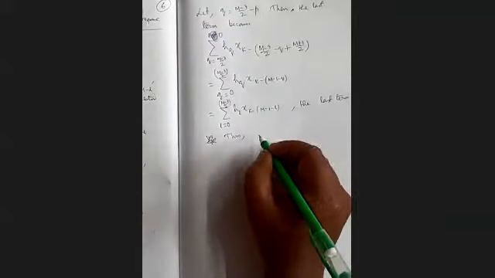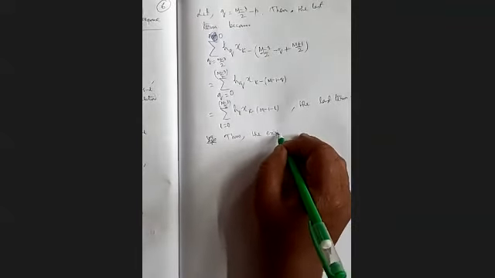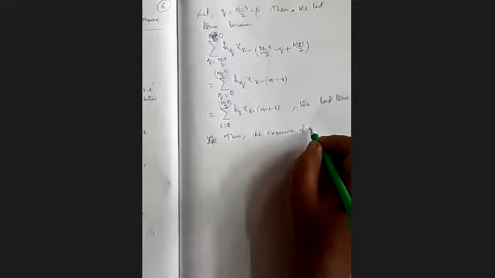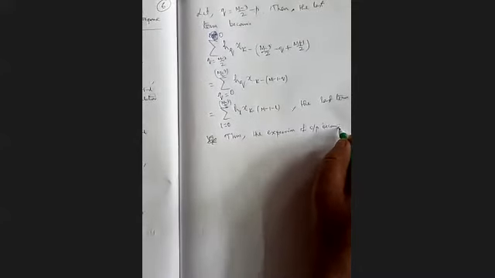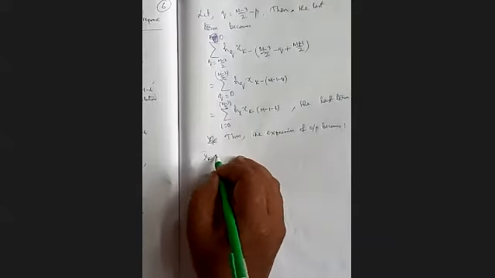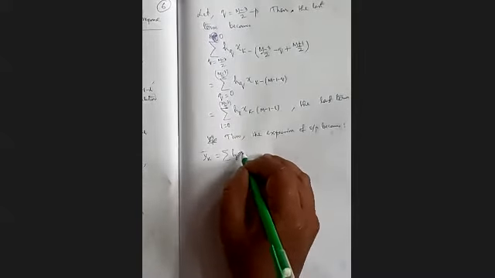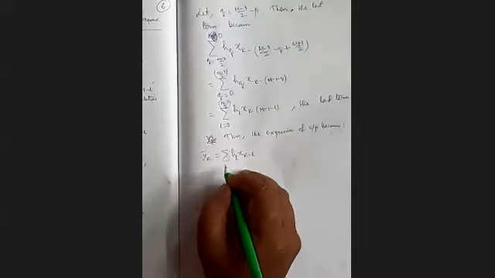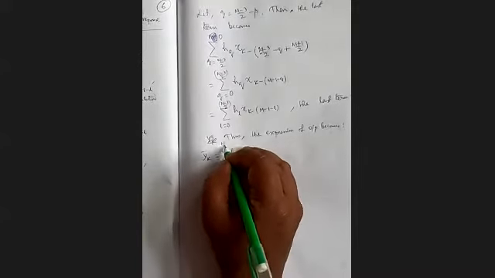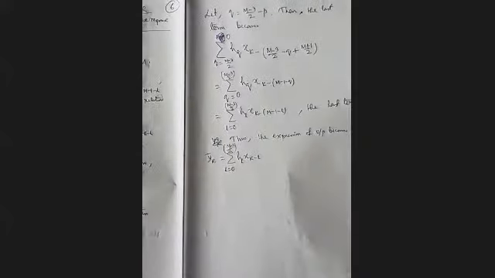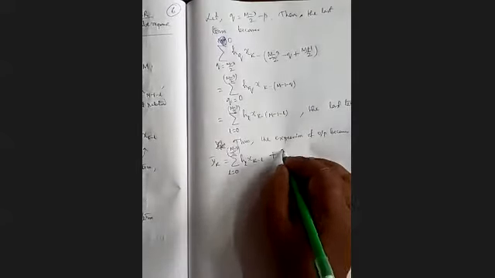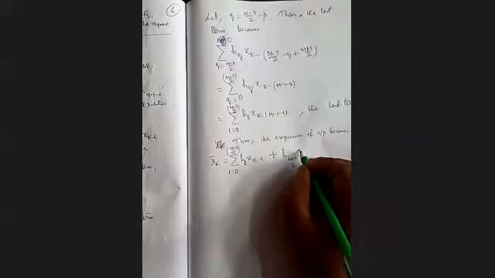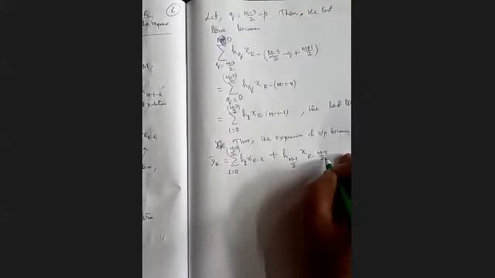Thus the expression of output becomes yk bar equal to summation HL x k minus L, plus h M minus 1 by 2 x k minus M minus 1 by 2.